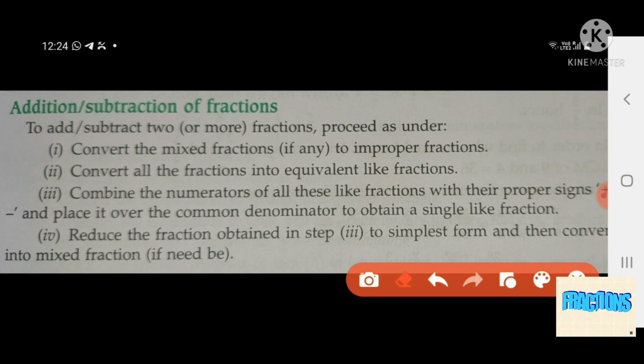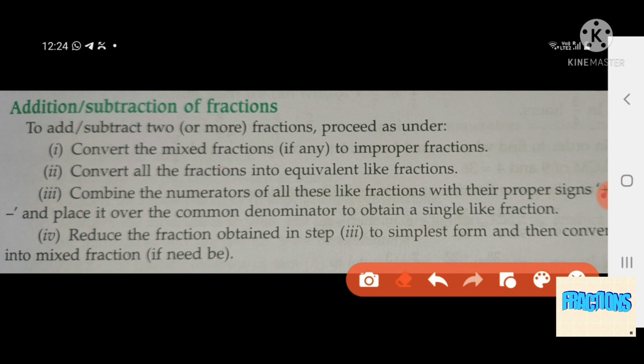Next is convert all fractions into equivalent like fractions. Now we have done that, so we have to make them equivalent like fractions.